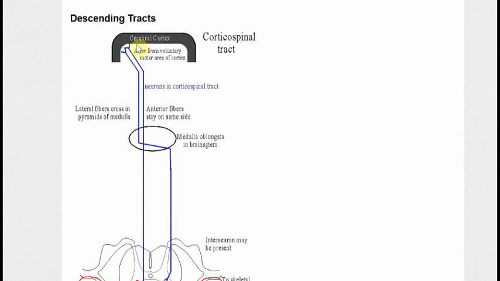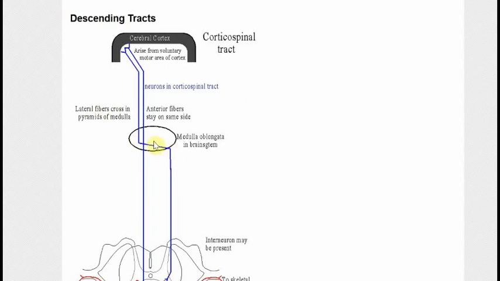So if we just recall the cerebral cortex, goes from there. You have your anterior and lateral corticospinal tract, cortical, so the cerebral cortex, and the spinal is there. Your lateral fibers make up the majority of it, which crosses at the medulla and the pyramids.